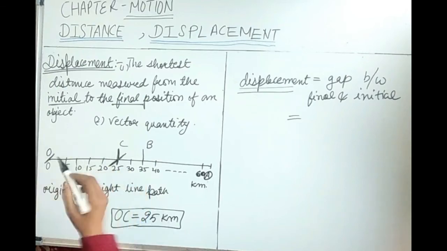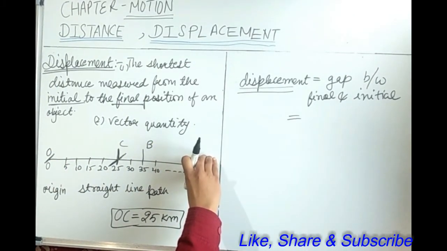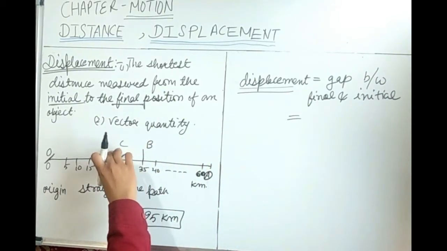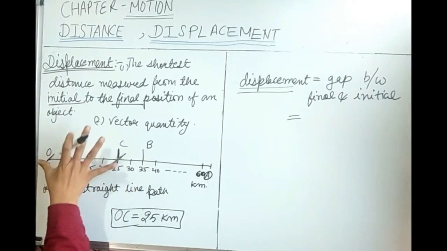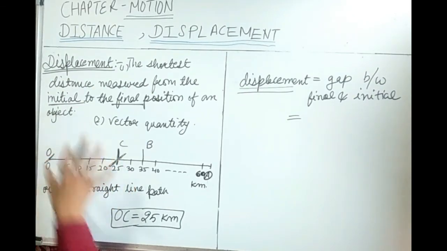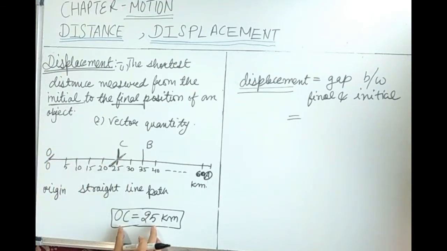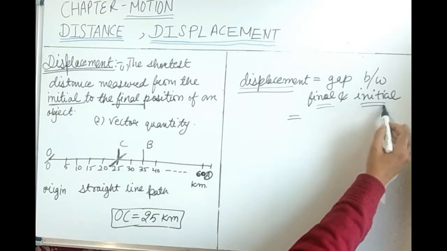Object has moved first from O to A, covering 60 km, and then it is coming back from A to C. So the distance between initial and final position will be this much. This is 25 km. This is equal to OC. OC equal to 25 km, and that is the displacement, the gap between final and initial position.